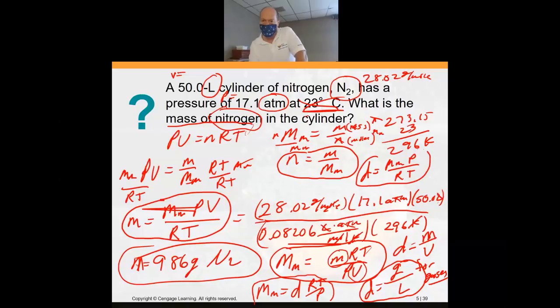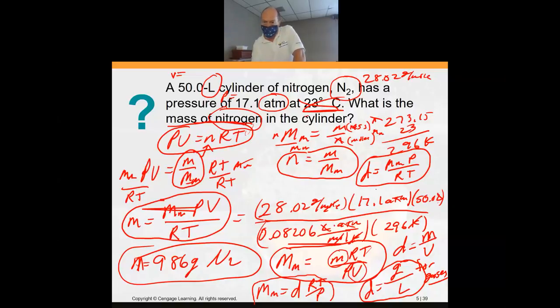This is all just mathematical, and that is simply by taking PV is equal to nRT and substituting in for n your mass over your molar mass. So that went in right here. Once you have done that, you can solve for molar mass, you can solve for mass, you can solve for density. So there's a lot of different things that you can do once you do this substitution.